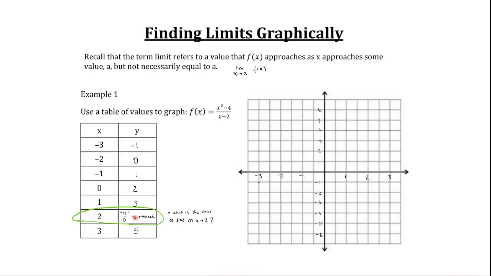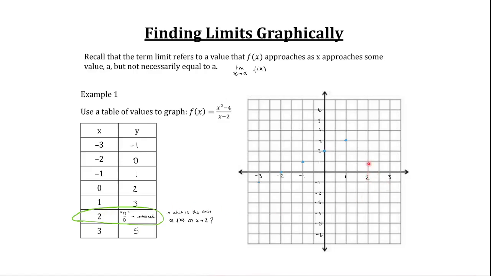Okay, so our first point is there, and then -2, 0, -1, 1, 0, 2, 1, 3. And then that's where we have our unknown, right?